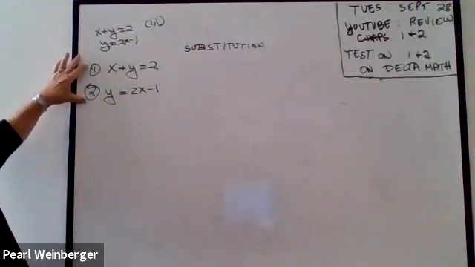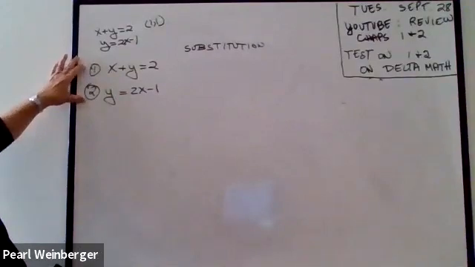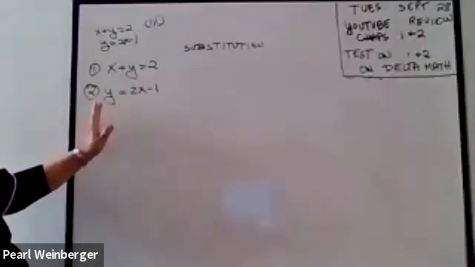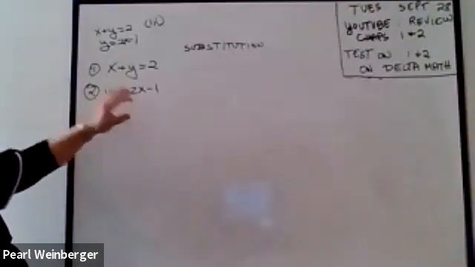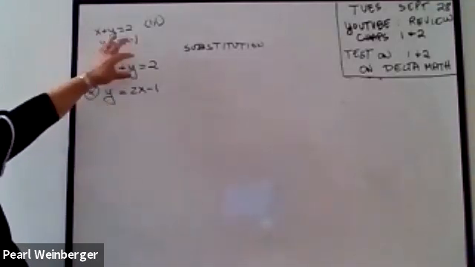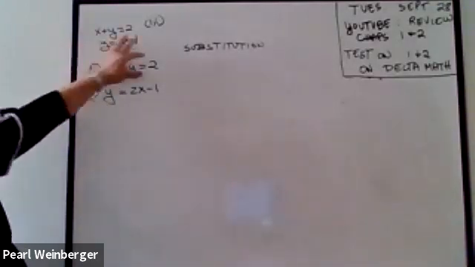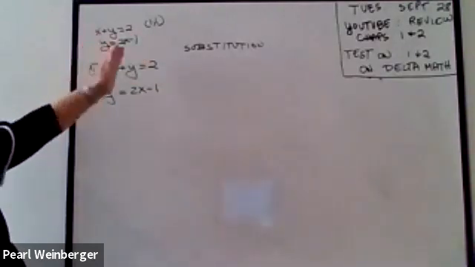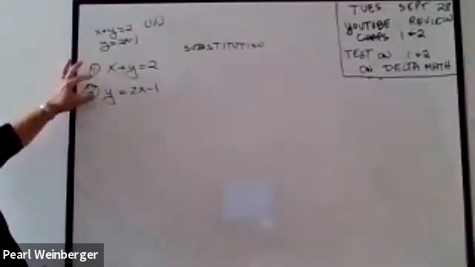This method usually is best used when in one of the equations, y is explicitly written in terms of x, or x is written in terms of y. Notice here the x's and the y's are mixed up together. This is what we call a standard format, where we have an x, a y, an equal sign, and a number.